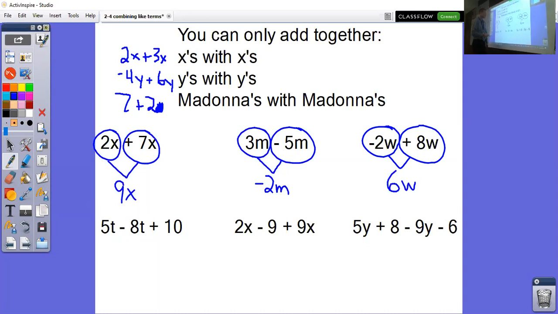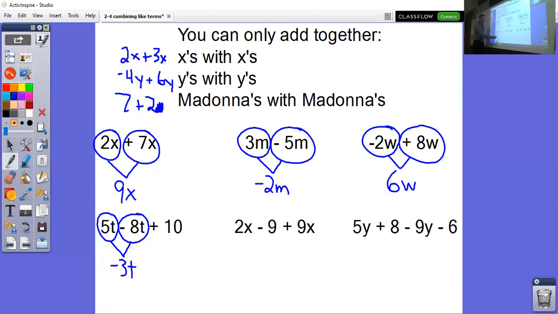That would be 6w. Sometimes you're going to be tricked like this. We can add together the 5t and the negative 8t because they have the same last name, but then we have a Madonna at the end. This doesn't have a last name, so we can't add it together with the t's because you can only add together things that have the same last name. 5t plus negative 8t is negative 3t.